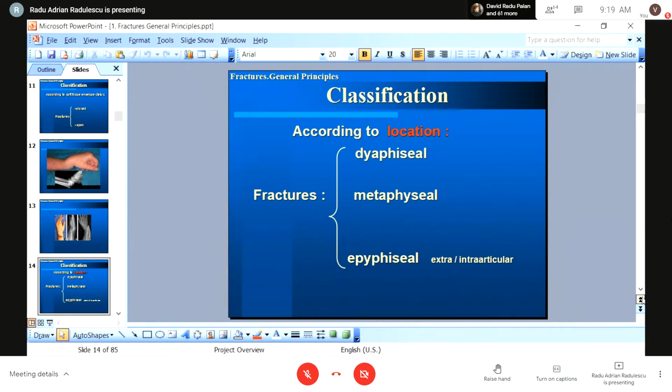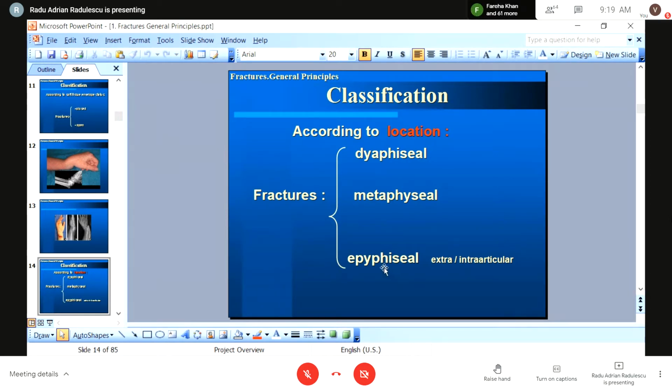The metaphysis is that part of the bone which is responsible for the growth in length of long bones. So at the age when the growth of the bones is completed, the metaphysis will disappear, in fact, as an anatomical formation. But even in adults, we still use this notion of metaphysis to point to the area between the epiphysis and the diaphysis for the description of the fractures.